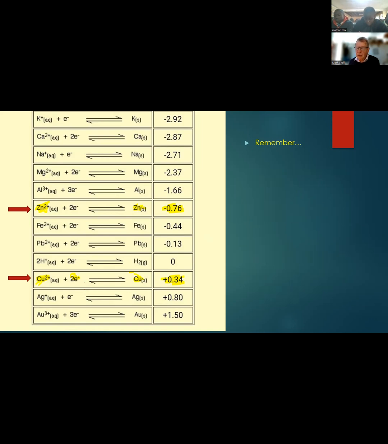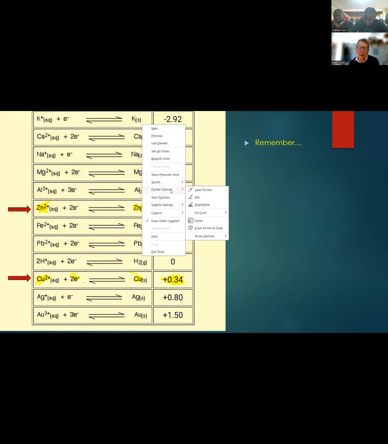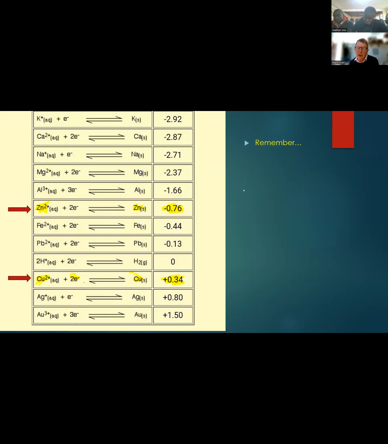So the more positive goes forward. I find the more positive one. The more positive one is the one at the bottom, the copper. So the copper goes forward. The Cu2+ picks up the electrons and it goes to copper, and that is positive 0.34 volts. The less positive one, the zinc, goes backwards.